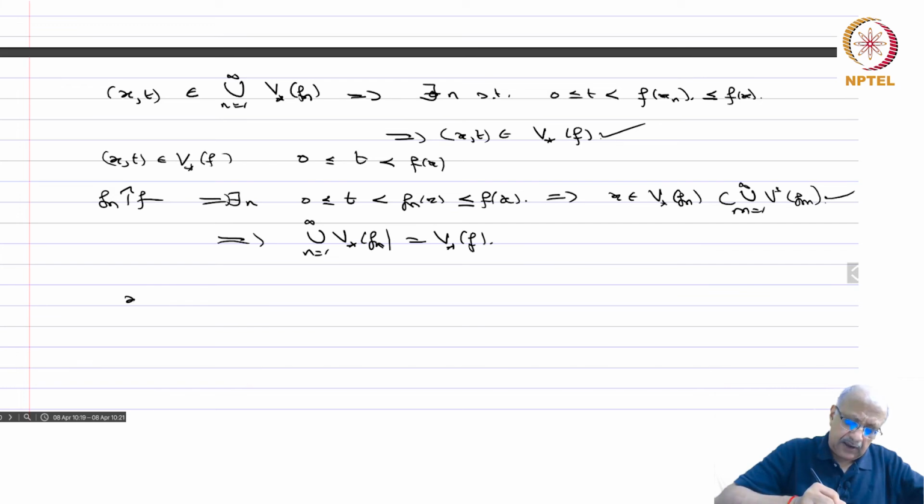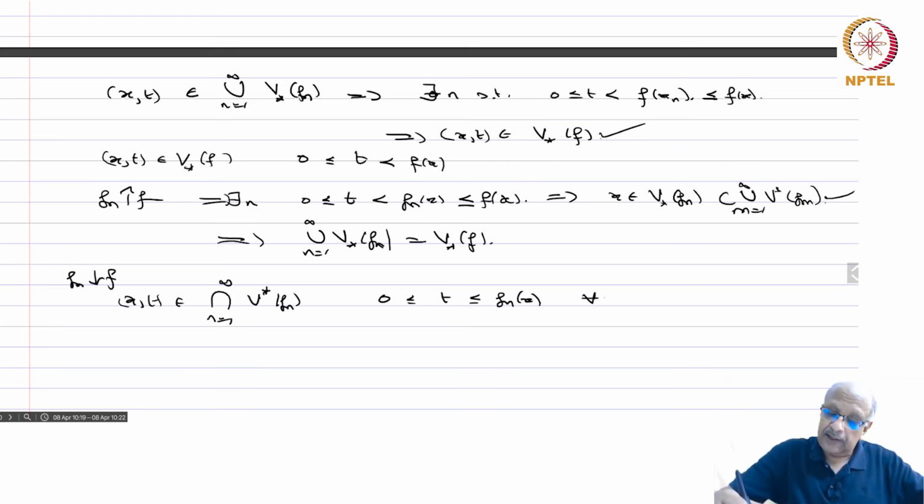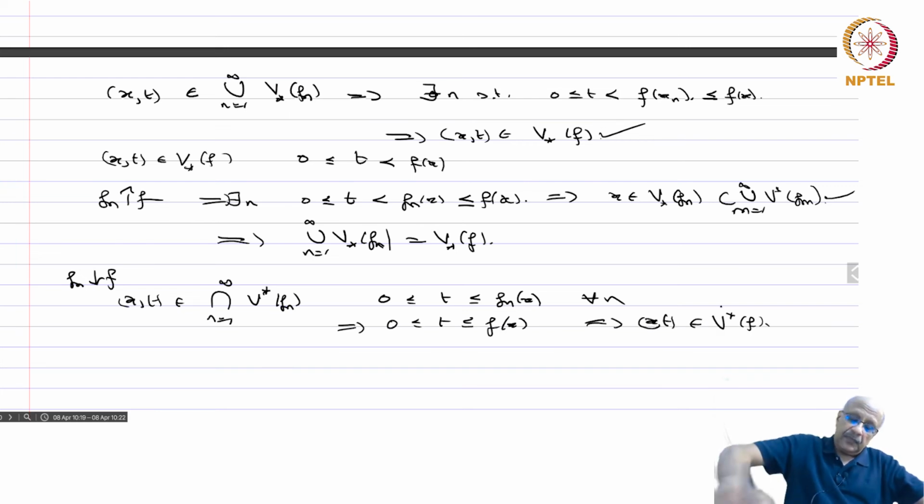Similarly, for f_n decreasing to f, if (x, t) belongs to the intersection n equals 1 to infinity of V superstar f_n, so 0 less than or equal to t less than or equal to f_n of x for all n, and this implies that 0 less than or equal to t less than or equal to f of x. Okay, so this implies that (x, t) belongs to V superstar f.